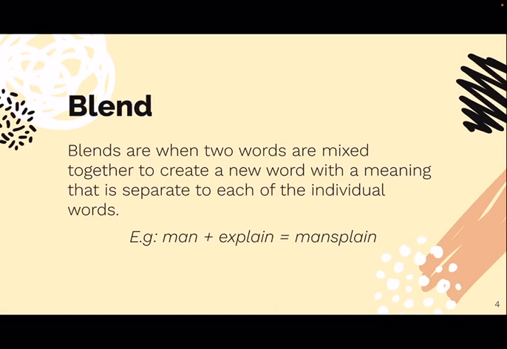Blend is different from compounding in the sense that it's not two words in their entirety put together, like in cupboard, for example. But there is an element of blending, of mixing up between the two. So we can see in this example that it's not man-explain, okay? It's not been compounded, it's mansplain. So it's been blended together to create a new word.